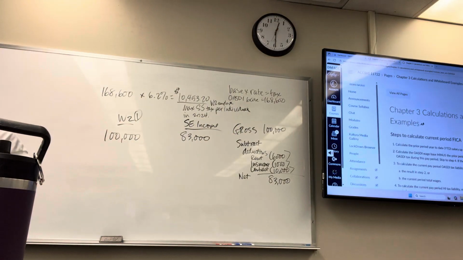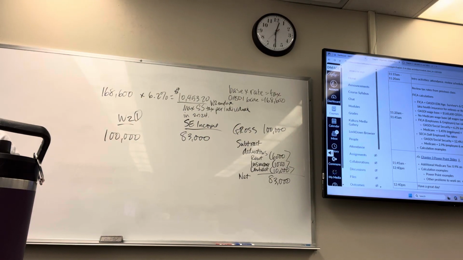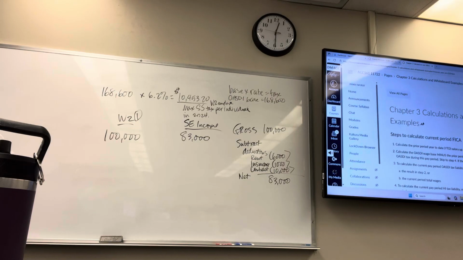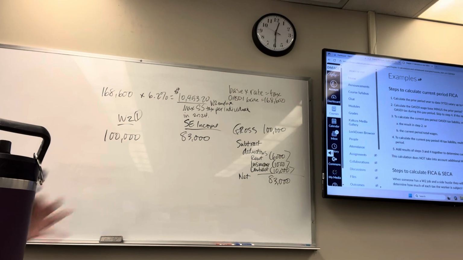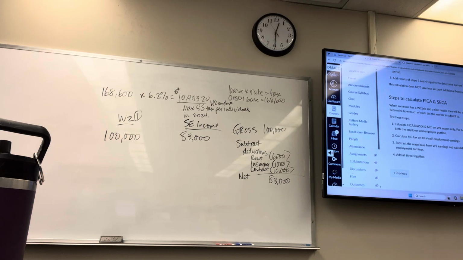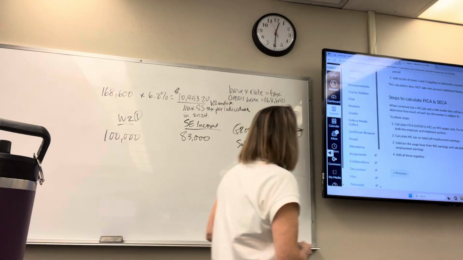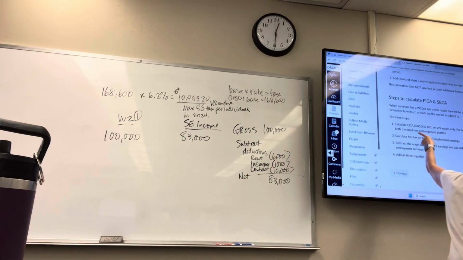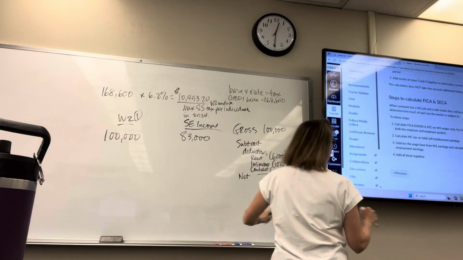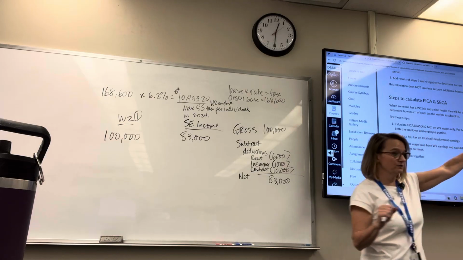There is a page. Yep. So under Chapter 3, calculations and whiteboard examples. These are the steps we just went through with calculating current period FICA, and then these are the steps when you have FICA and SECA tax. So first off, calculate the FICA on W-2 wages only. We can use this example here. So our FICA, and again, that is Social Security and Medicare tax.